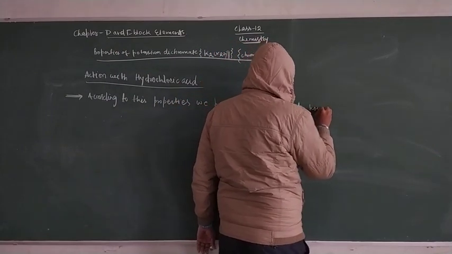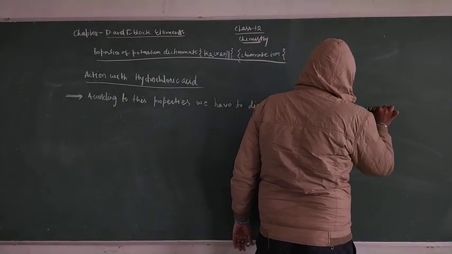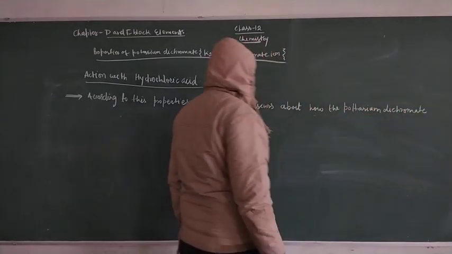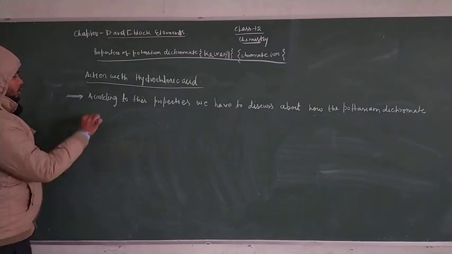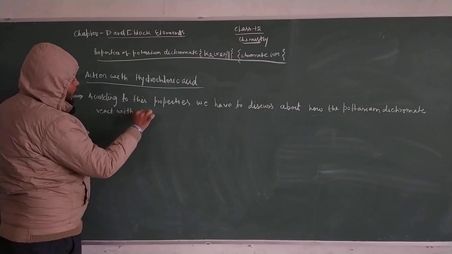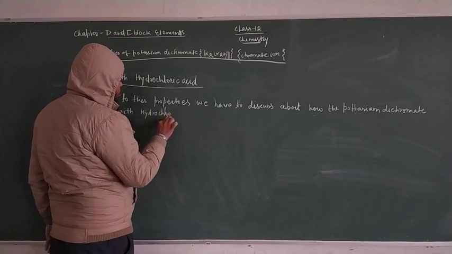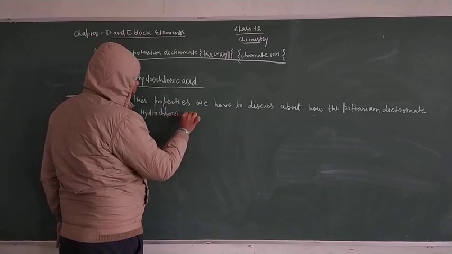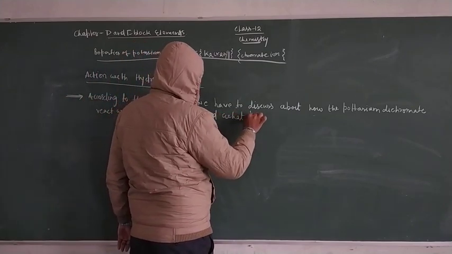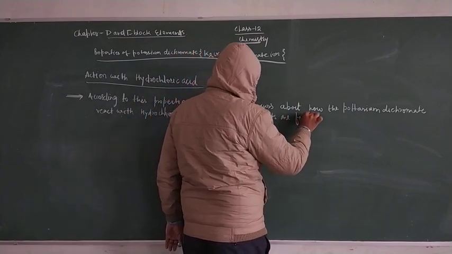According to this property, we have to discuss how potassium dichromate reacts with hydrochloric acid and what products are formed.